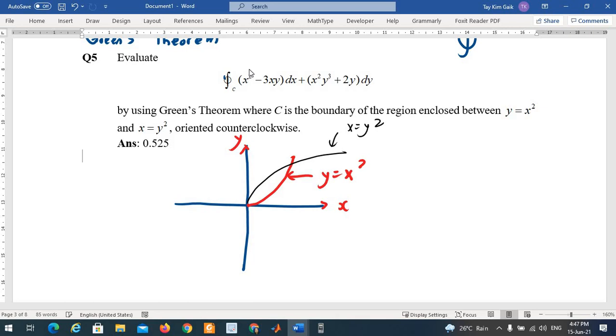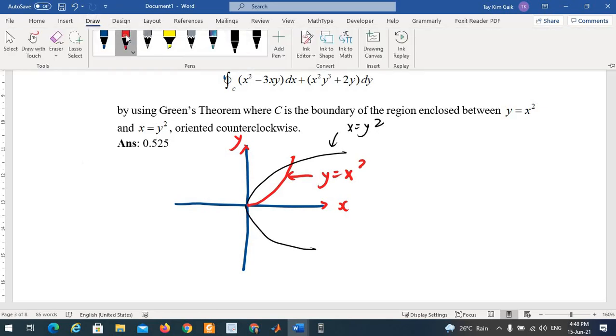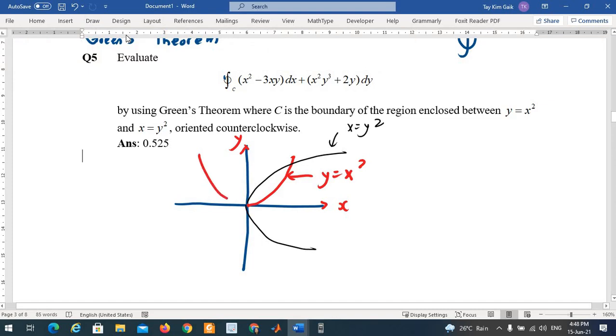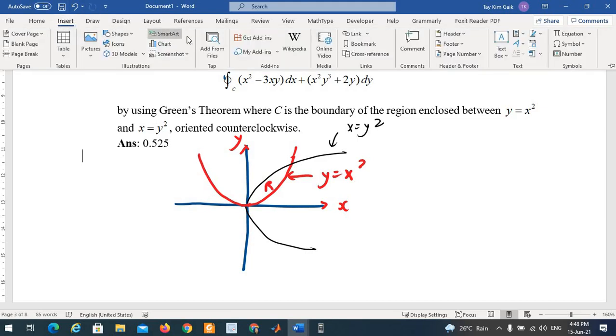Also, I just draw at the first quadrant only. If you want complete, it will be like this. So the intersection of y equal x squared and x equal y squared is at the first quadrant, where C is the boundary of the region enclosed by y equal x squared. To use Green's theorem, normally we fix the direction anti-clockwise.